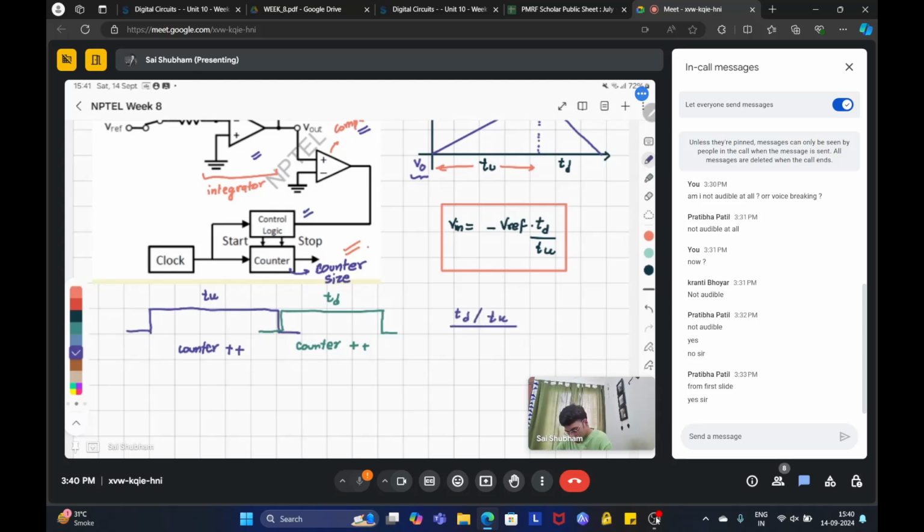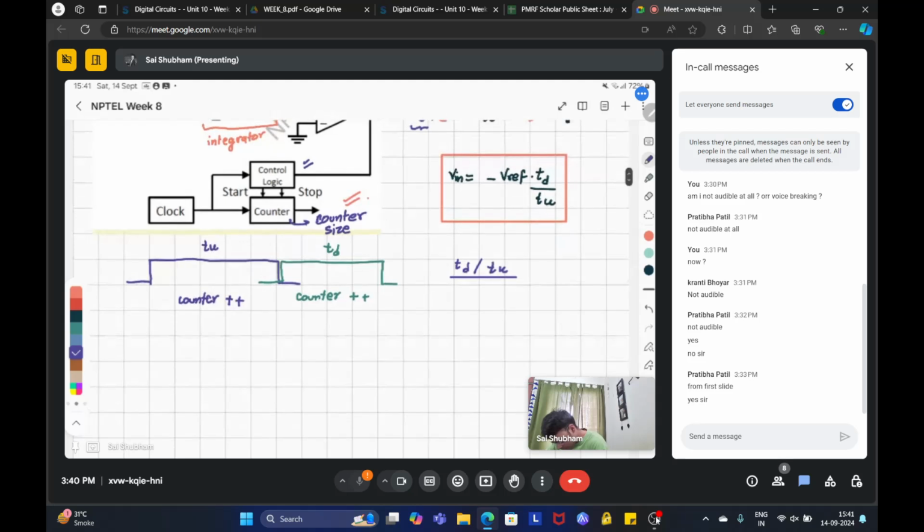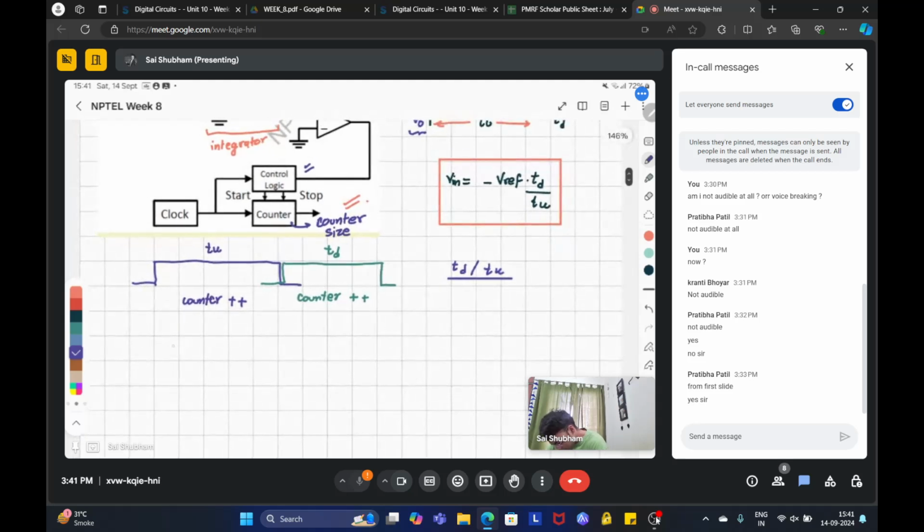Fine. So in this case, what happens? You give this TU signal to a T flip-flop, and your counter is made up of T flip-flops, right? So it will keep on counting 0, 0, 0, 0, 0, 1. And the number of flops in your counter will determine the precision, right?